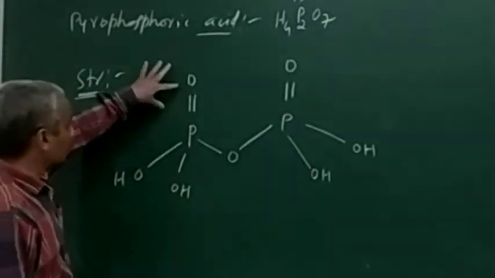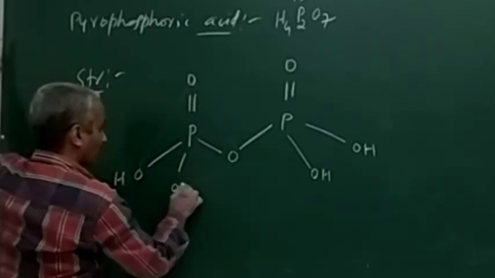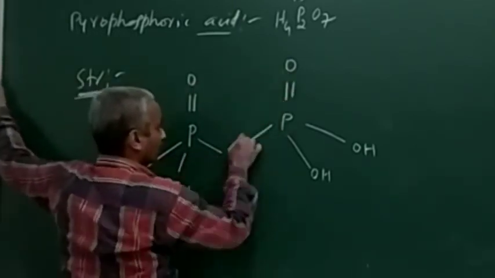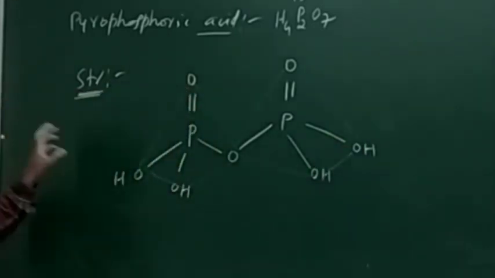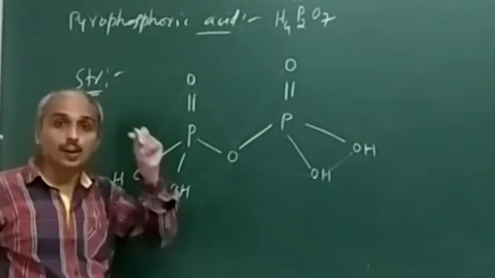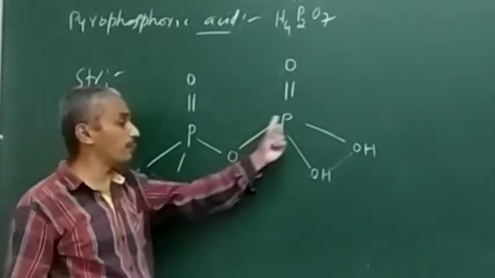See, in this also, both will be in the tetrahedral shape. And remember, here in addition to PH, POH, P double bond O, there is a POP bond also.